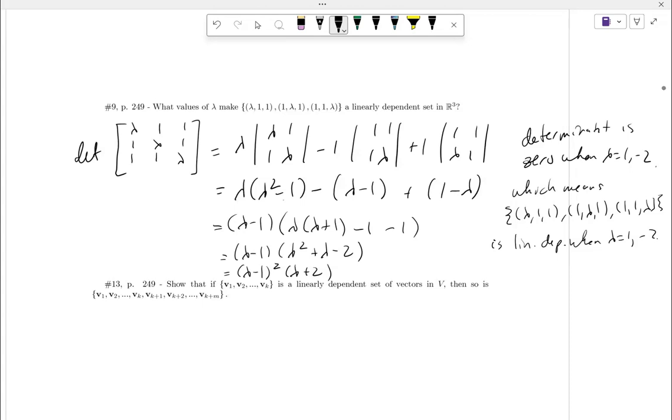So notice that the principle was the same that we've been talking about. If I want to check that something is linearly independent or not, we took the vectors and made a matrix by taking those vectors and making them the columns. But rather than row reducing in this case, because it's a little bit trickier when we've got variables involved.